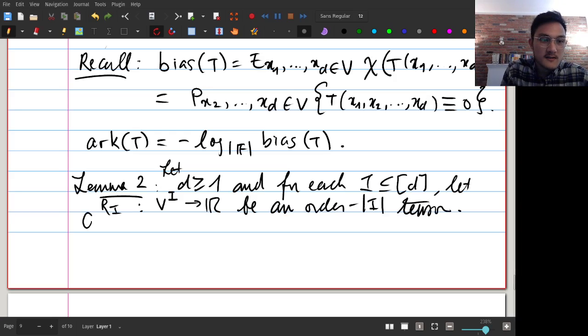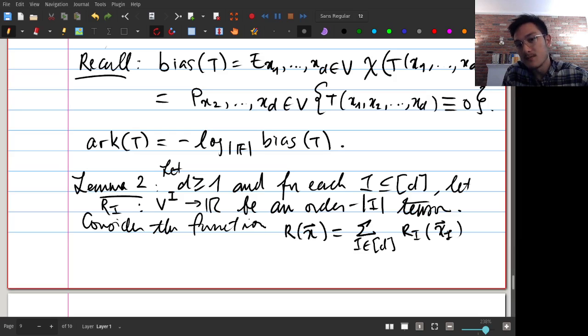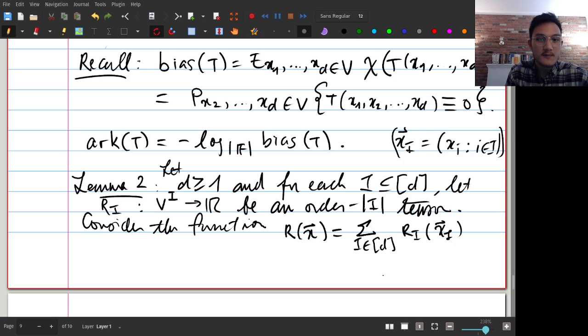Okay, and we consider the function. We define this function R of a vector x to be the sum over all I in D of R_I of x of I. You'll remember this means, so I'm going to write it again, just to recall, x of I is the set of just the coordinates that are in I. Okay, so you remember that from the previous video.